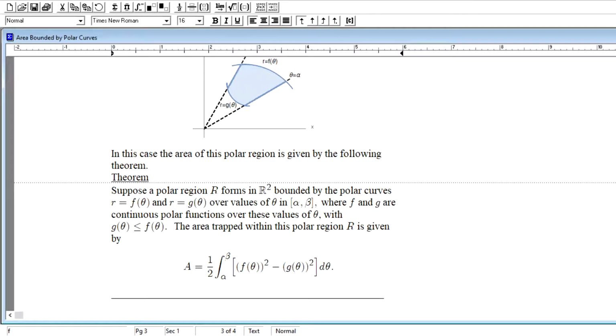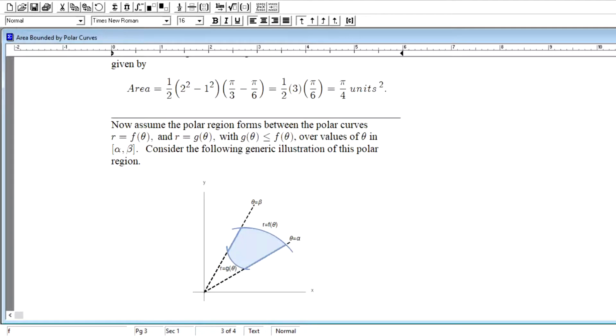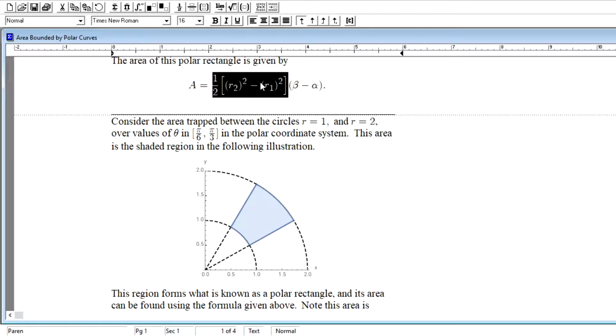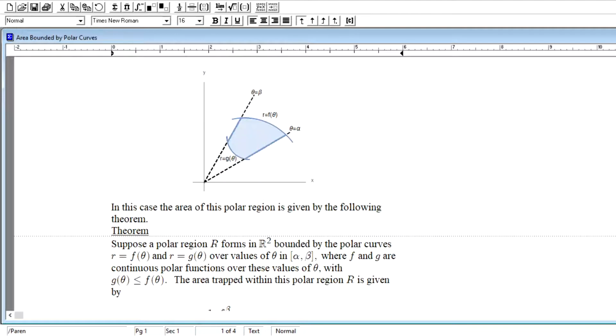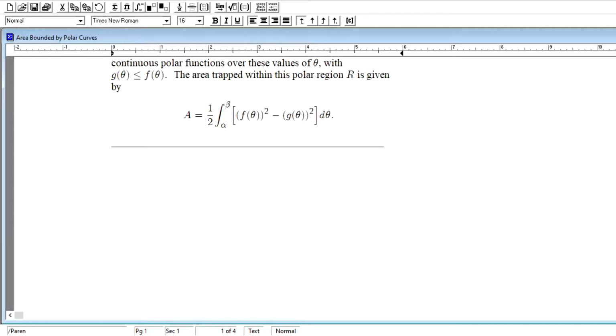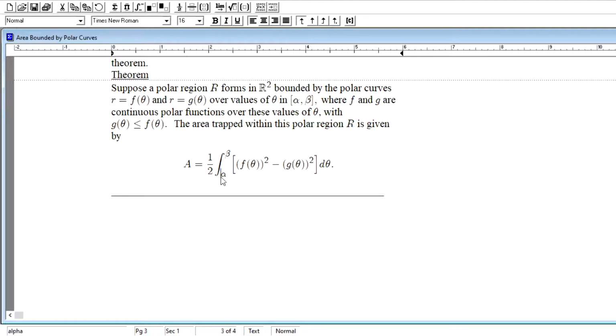This does look a little similar, first of all, to the formula seen above for the area of a polar rectangle. At least the integrand seems to look similar, and that 1/2 plays the role of a constant multiple. But from alpha to beta, this difference, being the size of this region, is what is being used here to define our integration.